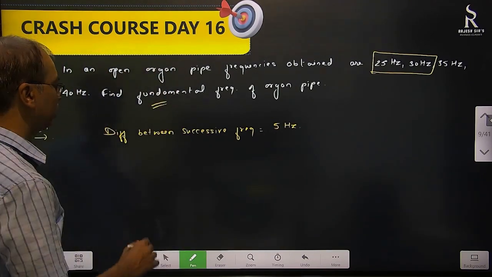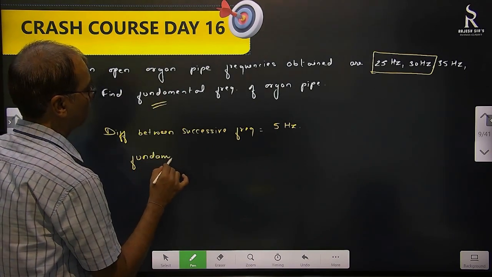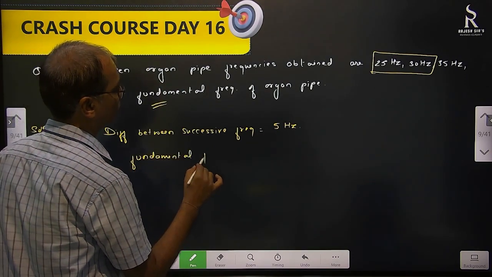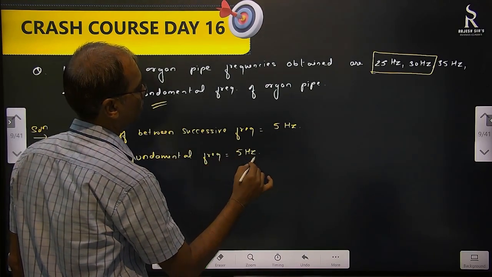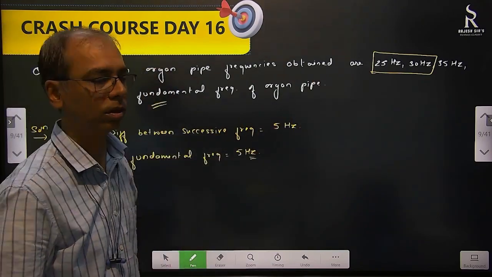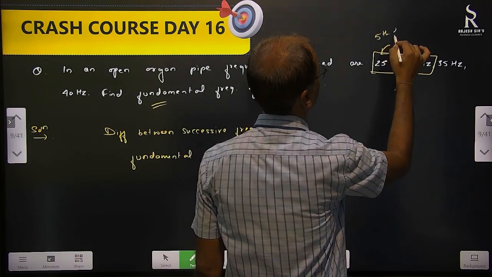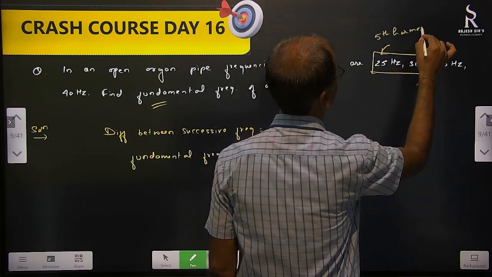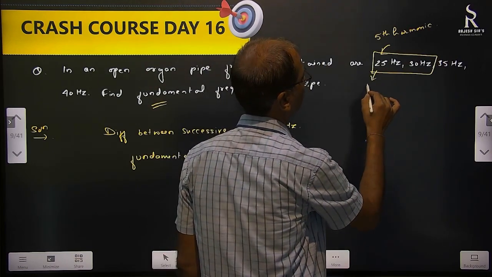That only is fundamental frequency. Fundamental frequency is 5 Hz. So this 25 means which harmonic? Fifth harmonic, or which overtone? Fourth overtone.